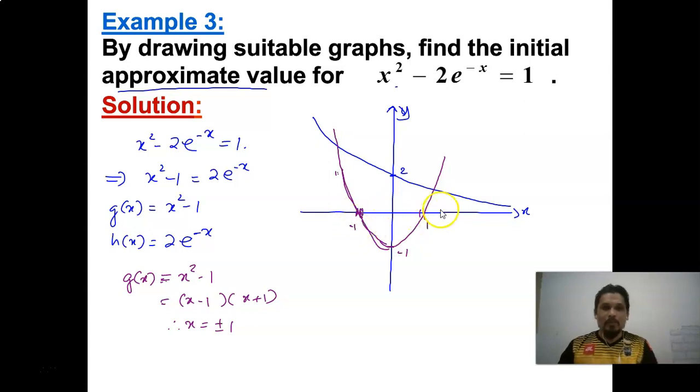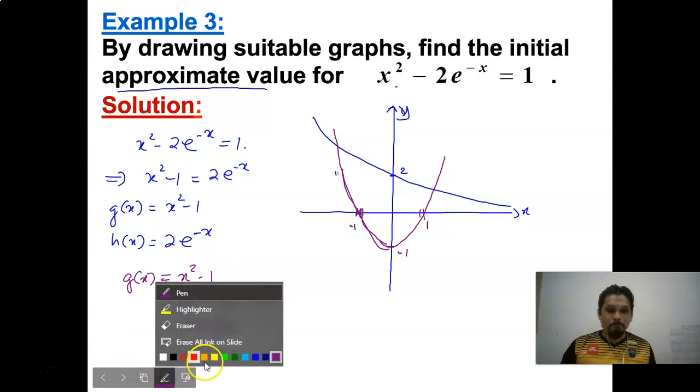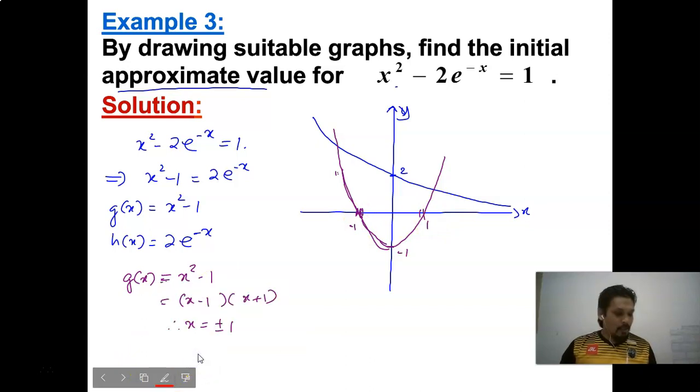Negative 1 and 1. And now, the intersection point between these two, which I think I need to make some adjustment here.